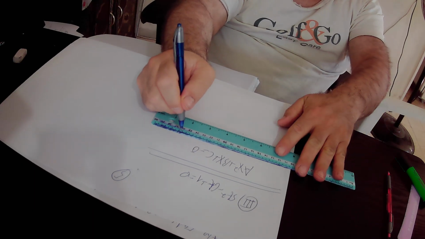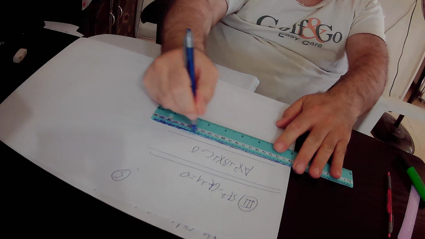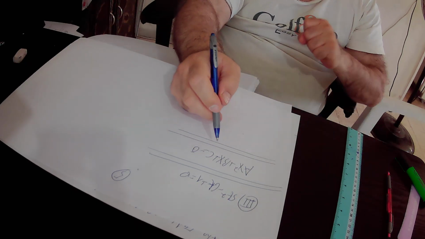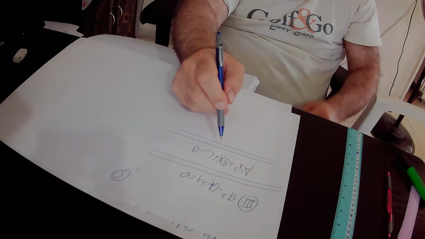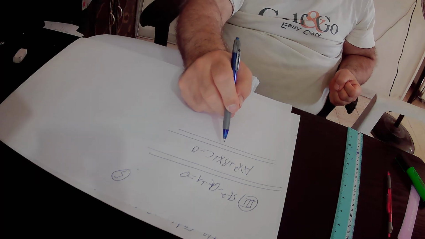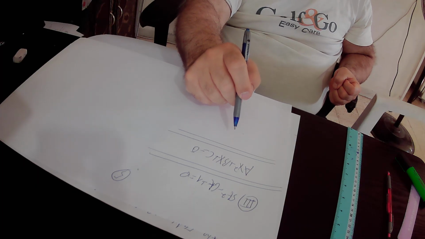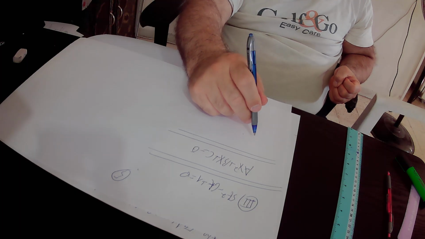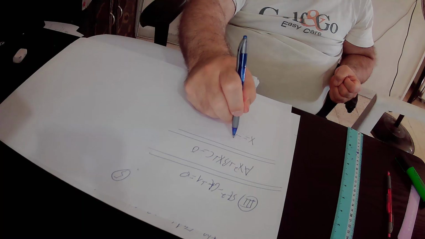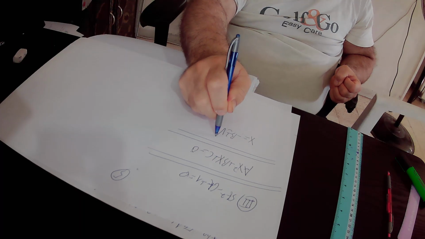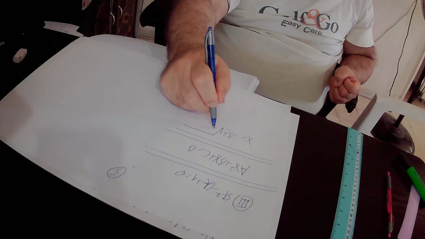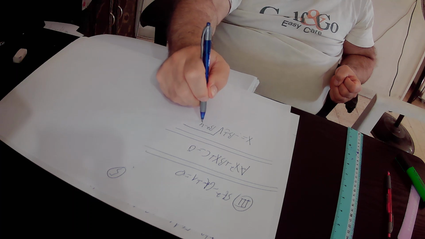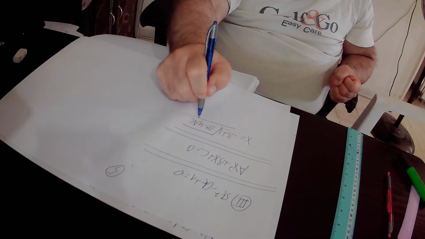This is the general formula. a, b, and c are the coefficients of this quadratic equation, and x is the variable that we are looking for. And we will find the value of x according to the following formula: x equals minus b plus or minus square root of b squared minus 4ac, over 2a.